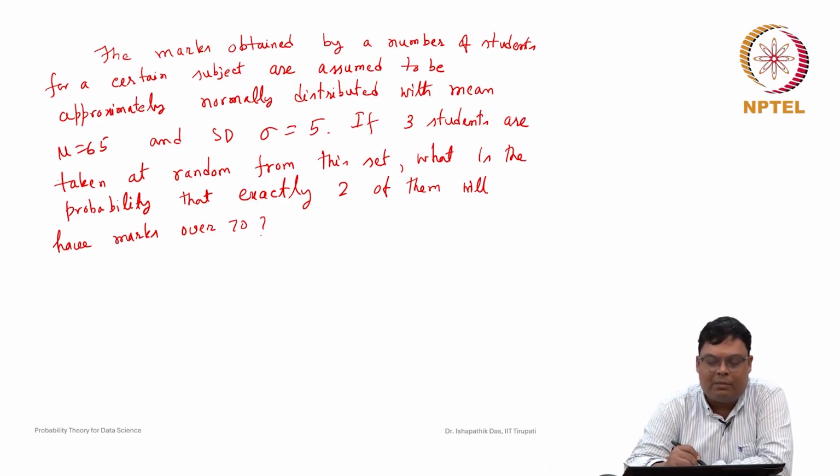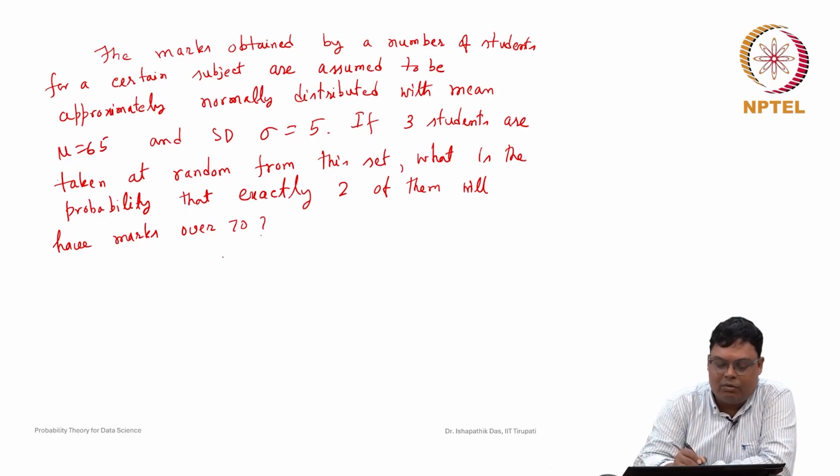Here we have to use not only the normal distribution, but also the binomial distribution. Suppose x is the random variable, the marks obtained by the students, normally distributed with mean 65 and variance 5 squared, which is 25.